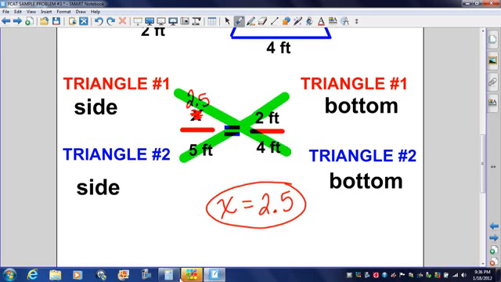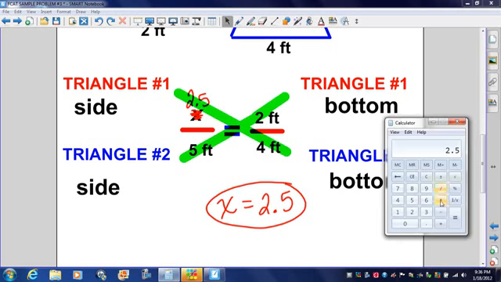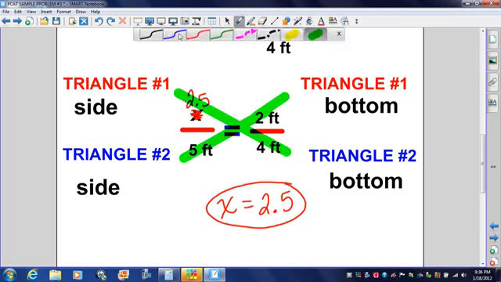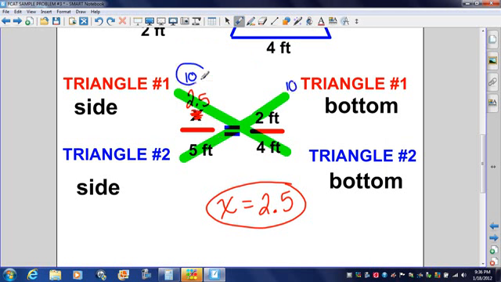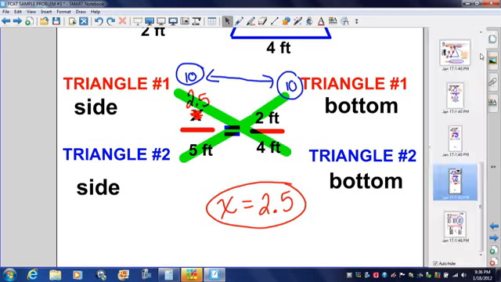So I have calculator 2.5 times 4. 2.5 times 4 gives me 10. Remember when I did 5 times 2, that also gave me 10. If your proportion is solved correctly, both of these numbers will be the same. They will be equal to each other. So there's a way to check your answer.